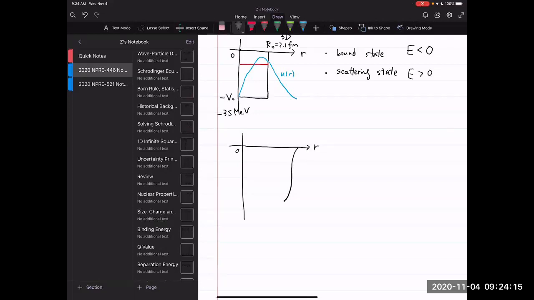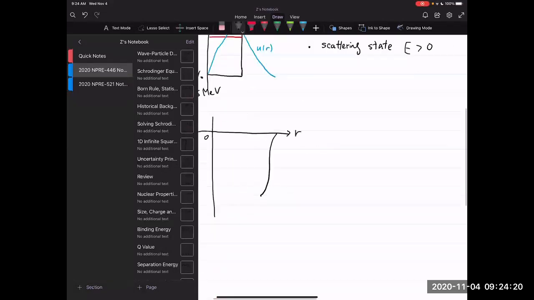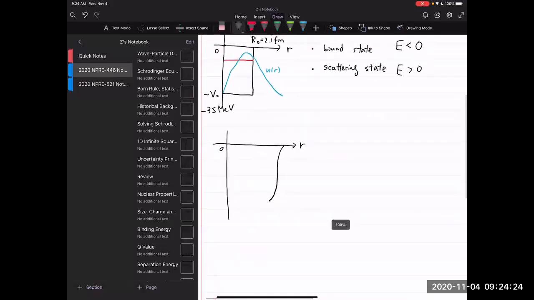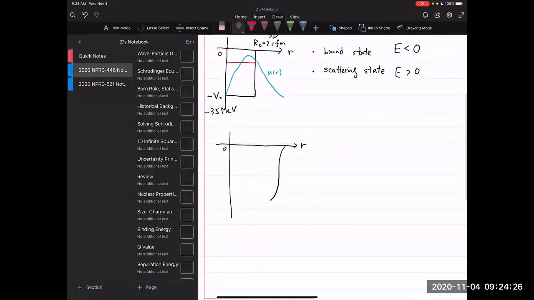And then near the center of the nucleus, this interaction potential is almost a constant.